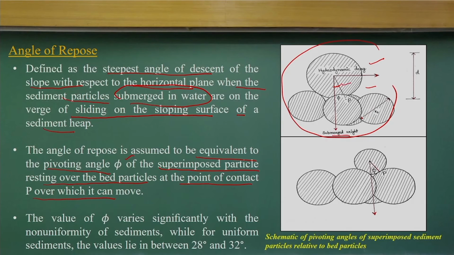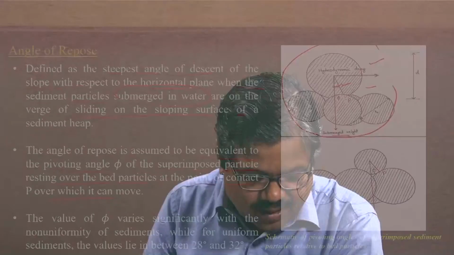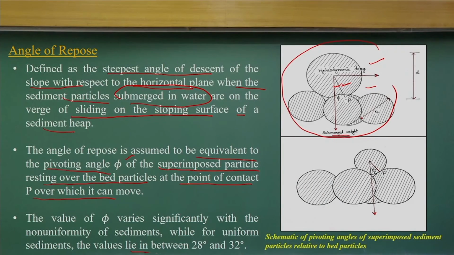This angle is known as the angle of repose. It is necessary for us to know whether the sediment heap is stable or not. The values for sediment vary from 28 to 30 degrees, and most of the time we consider 30 degrees enough for the angle of repose.